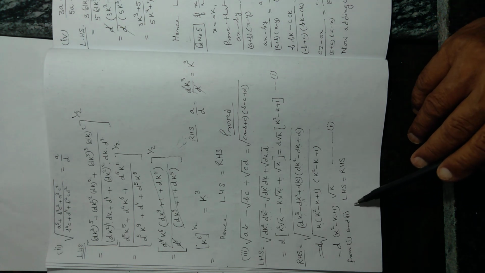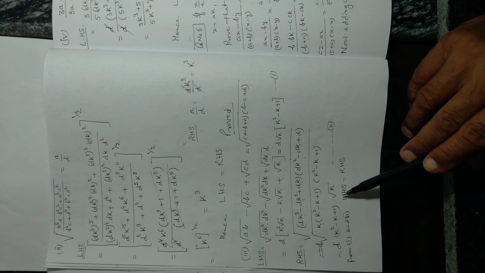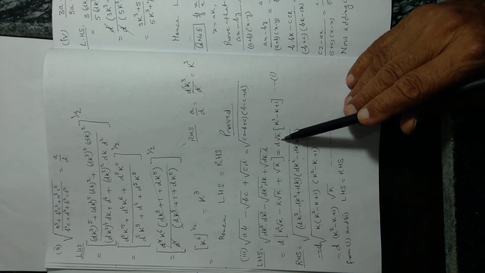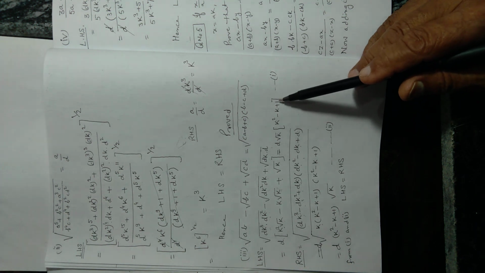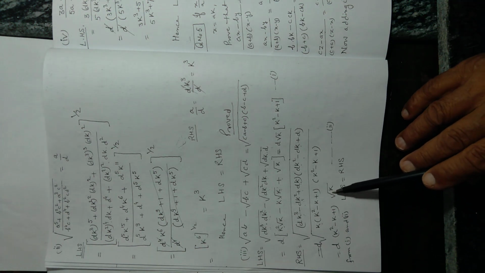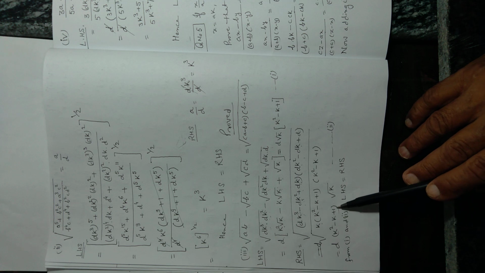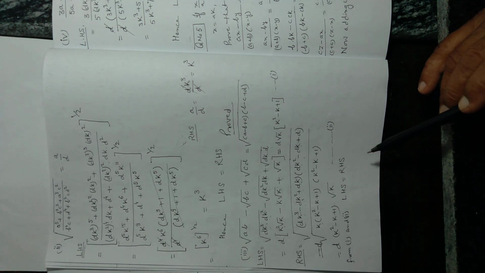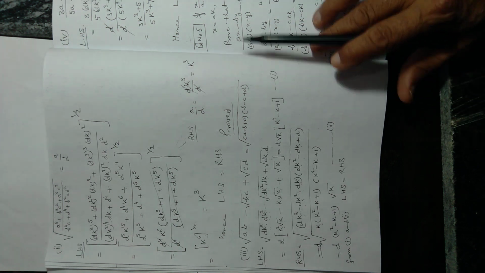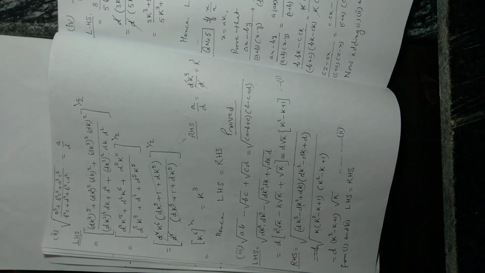So from 1 and 2, you see d root k, k square minus k plus 1. Here also we see d and root k, k square minus k plus 1. So left hand side is equal to right hand side. Hence it is proved.